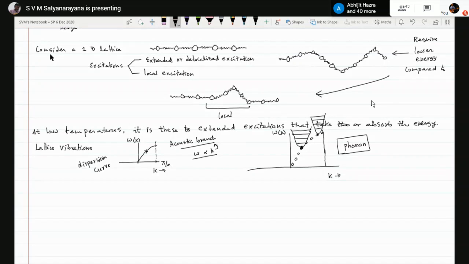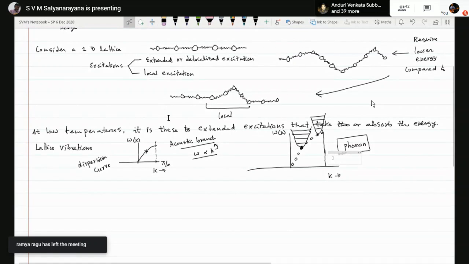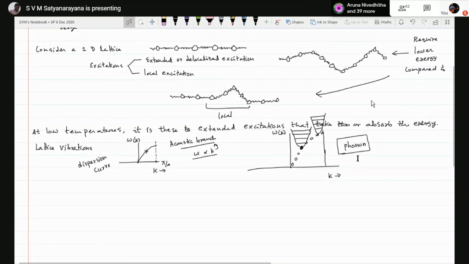Now, the advantage of this way of quantization is very useful, because once you say that you have these phonons, so now you have a lattice and you have lattice vibrations, and then you quantize them, then this entire thing can be considered as a gas of phonons.